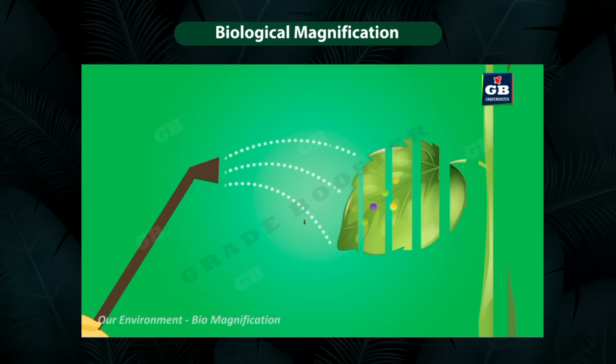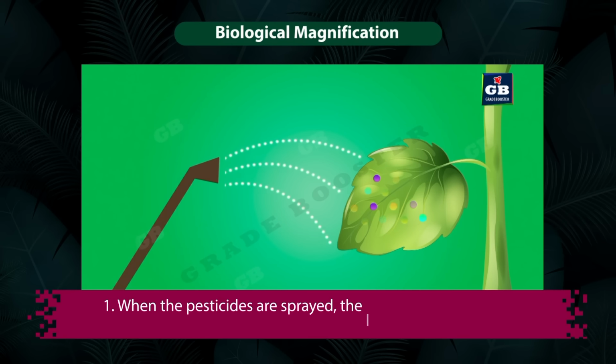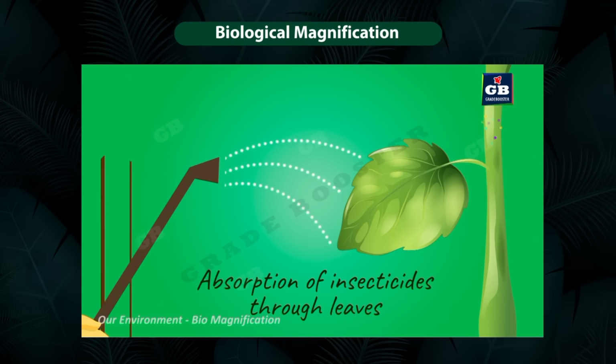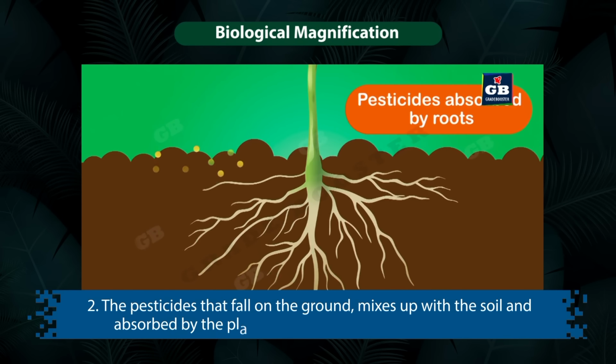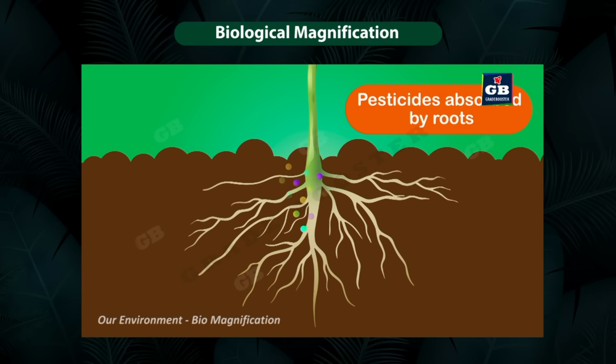The pesticides enter the plant bodies in two ways. 1. When the pesticides are sprayed, the leaves absorb the pesticides into the bodies of the plant. 2. The pesticides that fall on the ground mix up with the soil and are absorbed by the plant roots along with water and minerals.